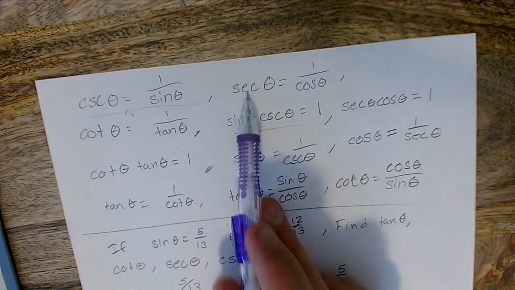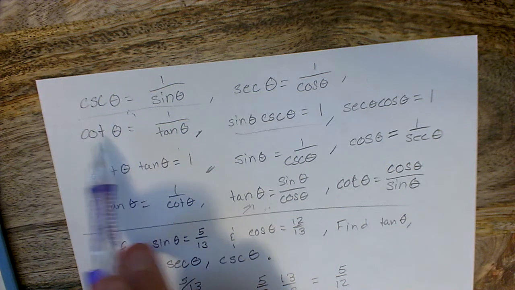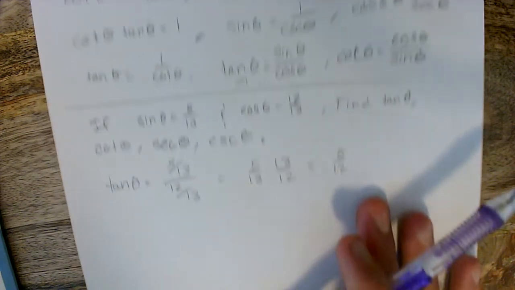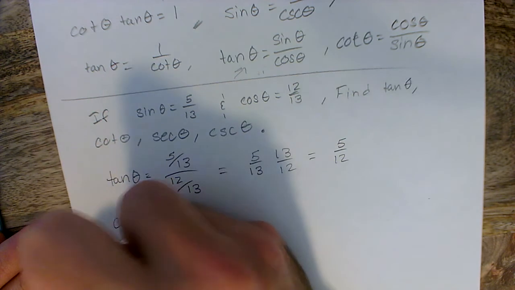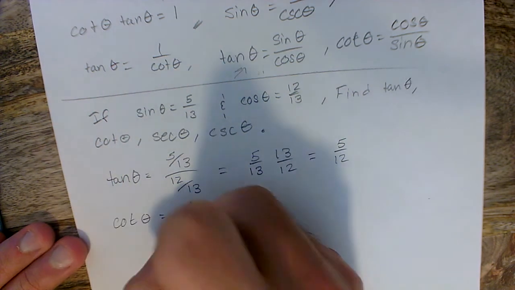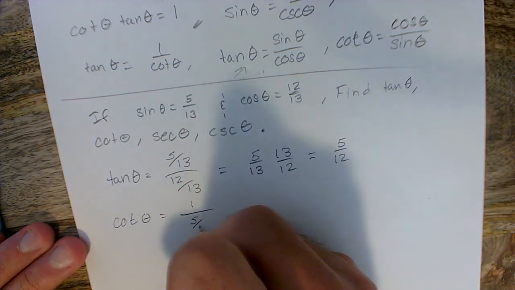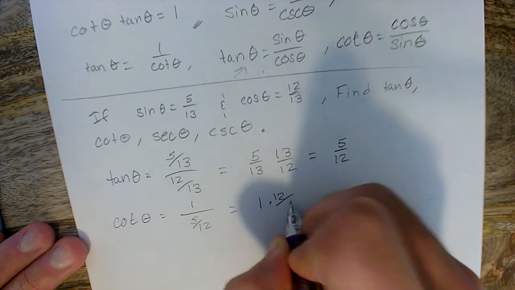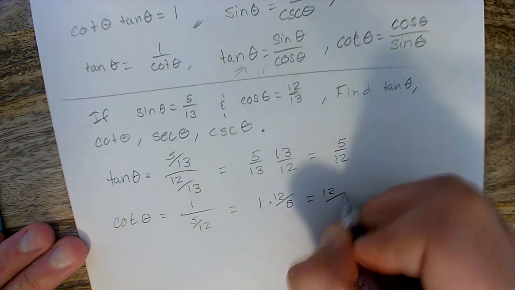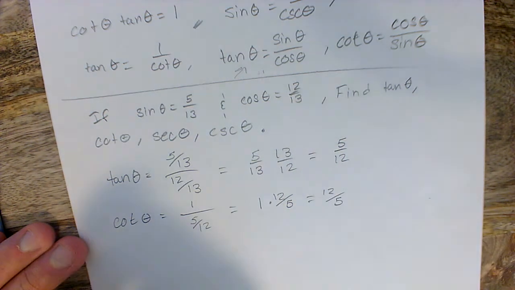Okay, so now that we know sine, cosine, and tangent, we can just use all the reciprocal identities. Cosecant is equal to 1 over sine, secant is equal to 1 over cosine, and cotangent is equal to 1 over tangent. So cotangent is 1 divided by 5 over 12, which is 1 times 12 over 5, which is 12 over 5.